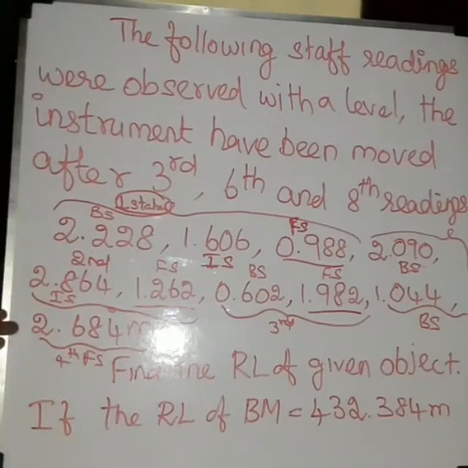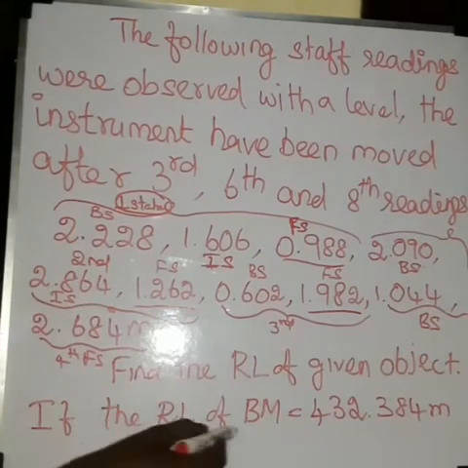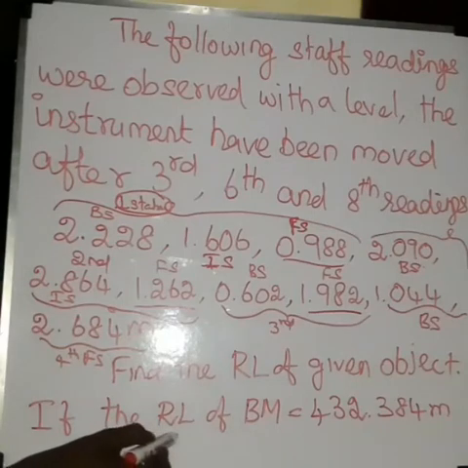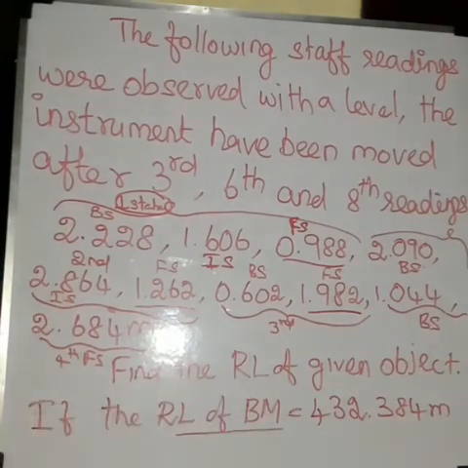So these are all given here, along with the RL of the benchmark. What is meant by benchmark? Already we know a point whose elevation is known is called a benchmark. A benchmark is used as a reference. So what is the benchmark given here? 432.384 meters.